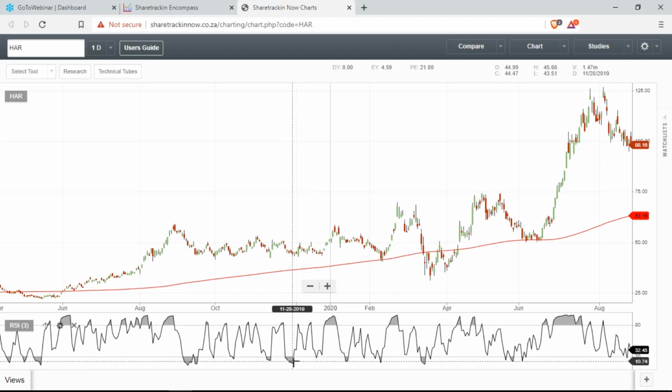That is the area where we want to buy, because at that point that share is at its lowest. That is also seen as your oversold area. Between your 20 and your 80 line is your holding area.